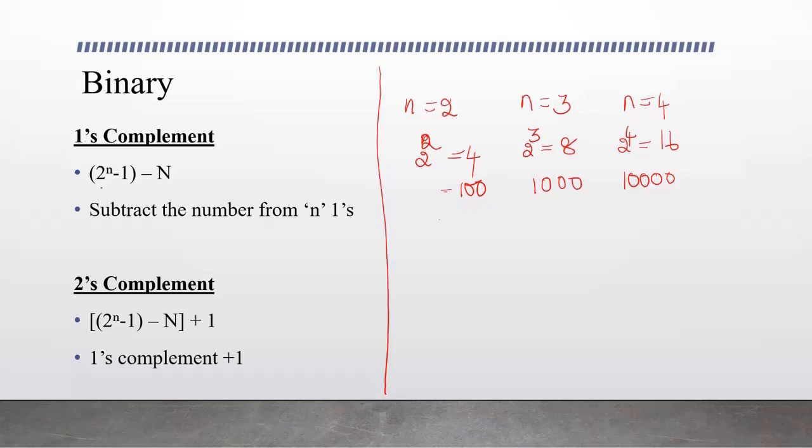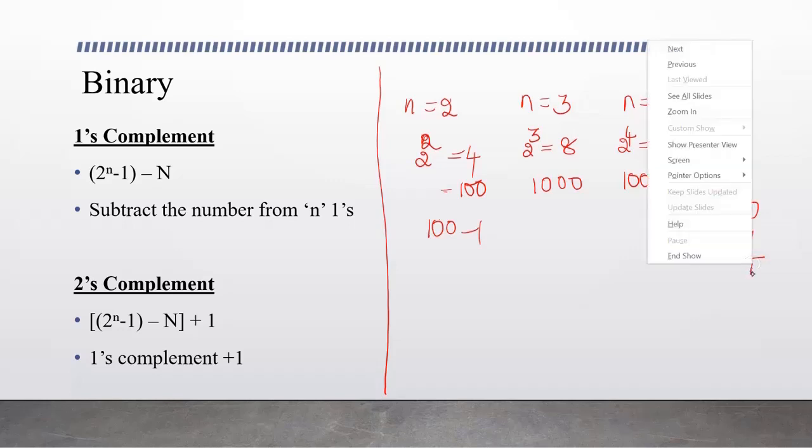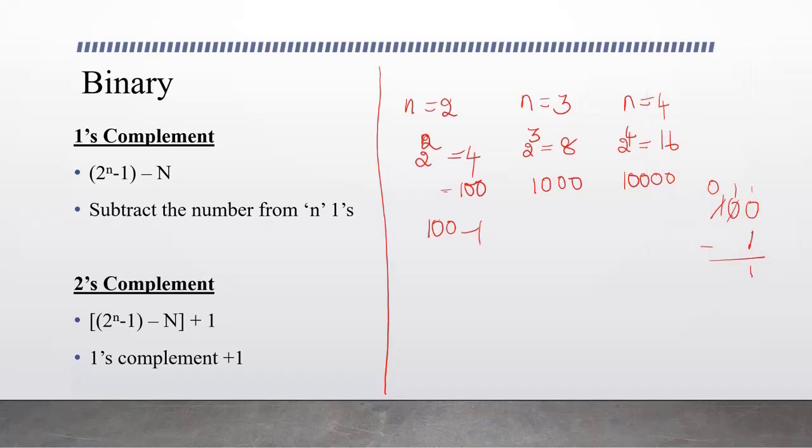And here we find 2 power n minus 1, so we need to subtract 1 from 2 power n. So 100 minus 1, we do the binary subtraction this way. Now the top is smaller than the bottom digit, so we take a borrow. Here this becomes 0 and here it becomes 1 1, and the result is 1 with borrow 1, and the result is 1 1.